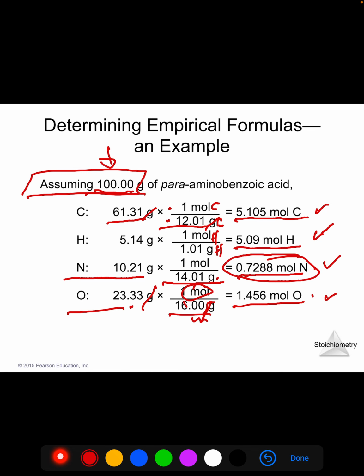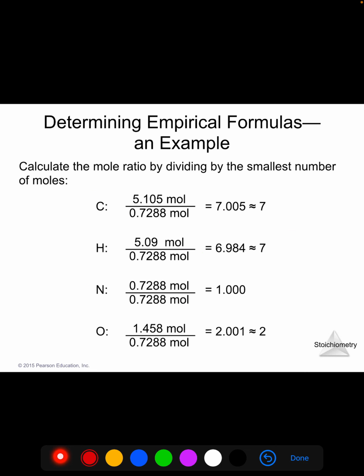When I divide the smallest one by the smallest one, of course I get a mole fraction, or a value, of 1. So on our next slide, there's 1 nitrogen, there's 7 hydrogen, because 5 divided by 0.7288 is 7.